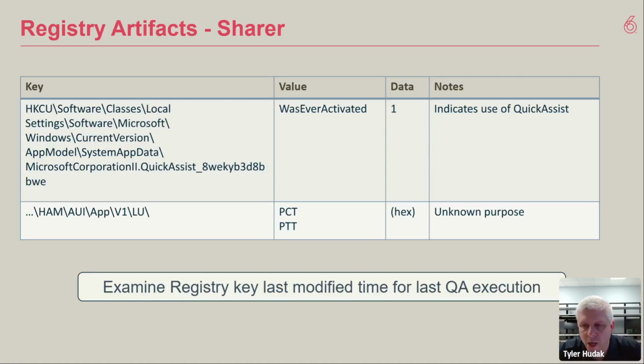We did have a question come in. Do you know if the remote assistance URL is used for any other Microsoft features like RDP? It is used for other Microsoft features. The only one that I can confirm it's used for is the Microsoft Intune remote help. So it's used for Quick Assist. It's used for Intune remote help.